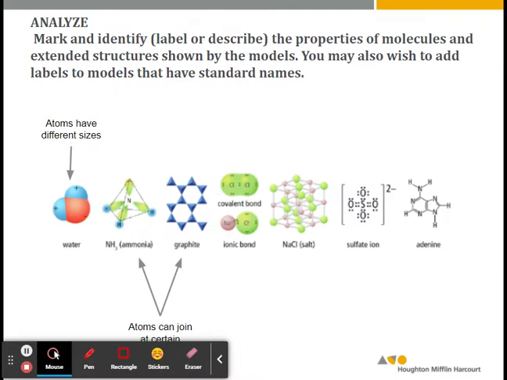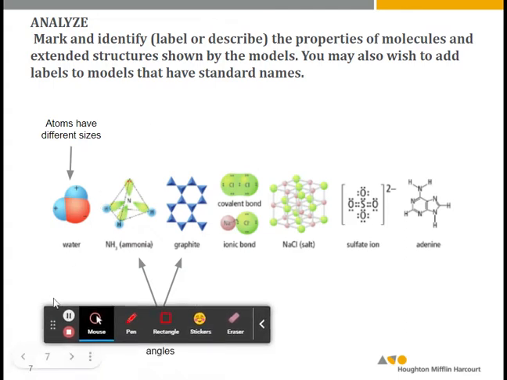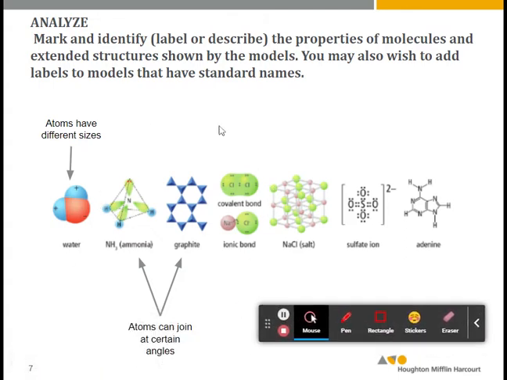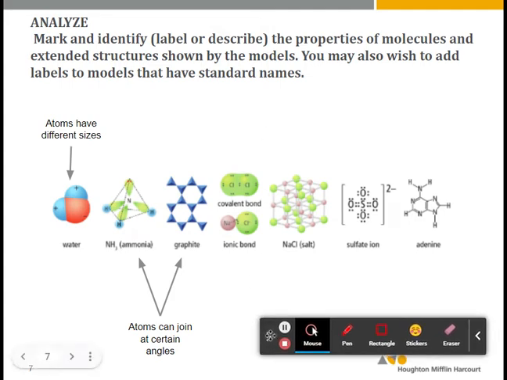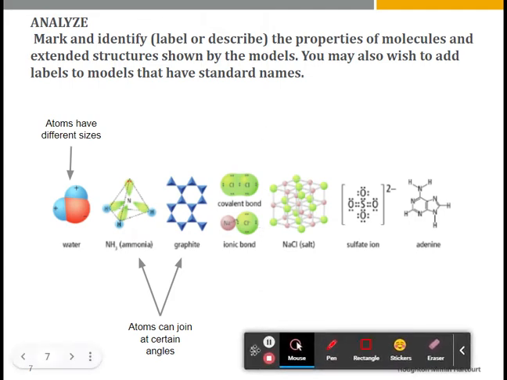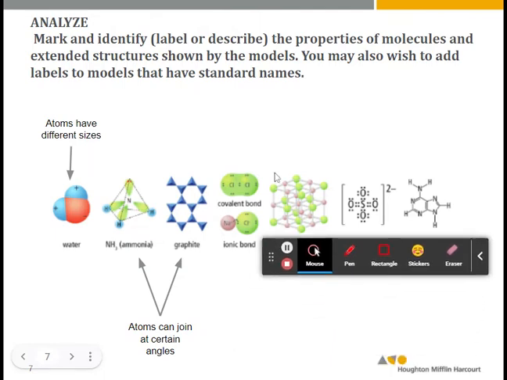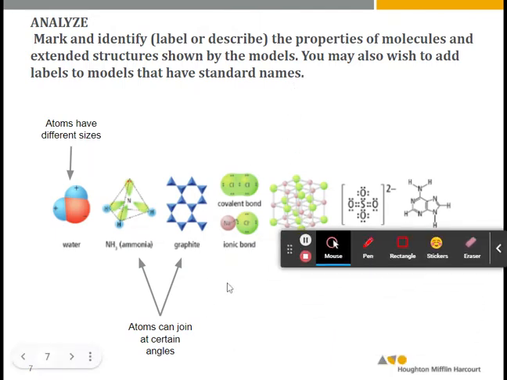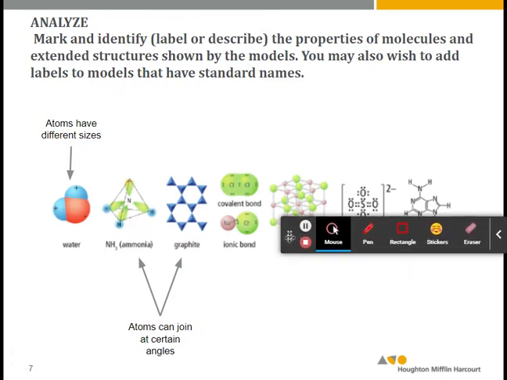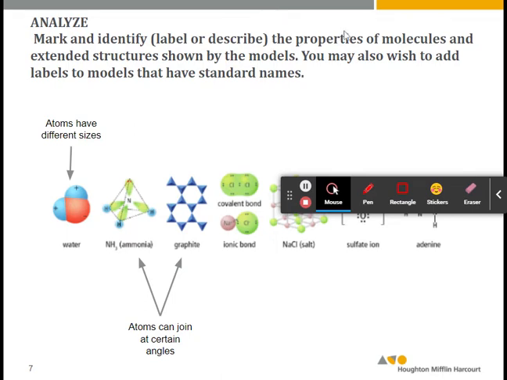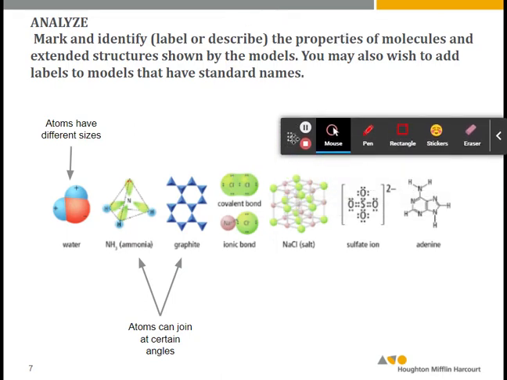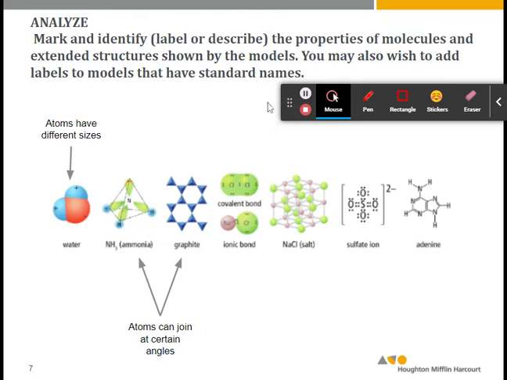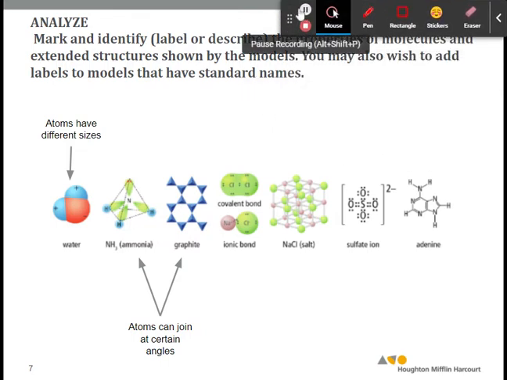We also see that atoms can join together, they can combine at certain angles. So if we look at the second and third images, ammonia and graphite, we see that the atoms are bonded to form certain specific shapes. You have a pyramid shape with the ammonia, and from graphite, you have sort of a star-looking shape.